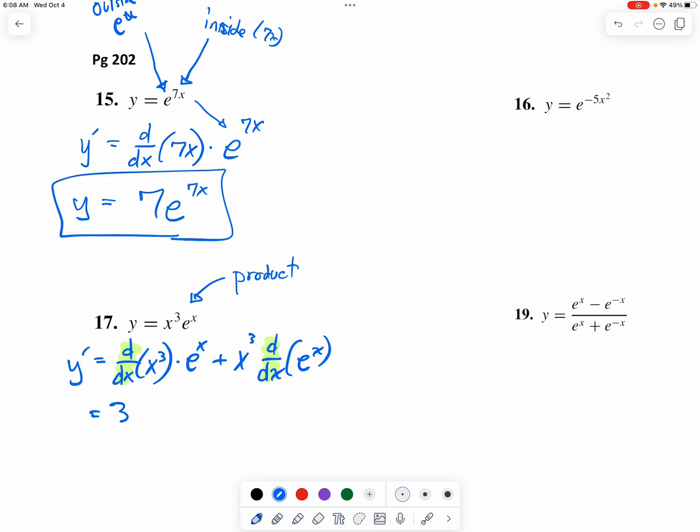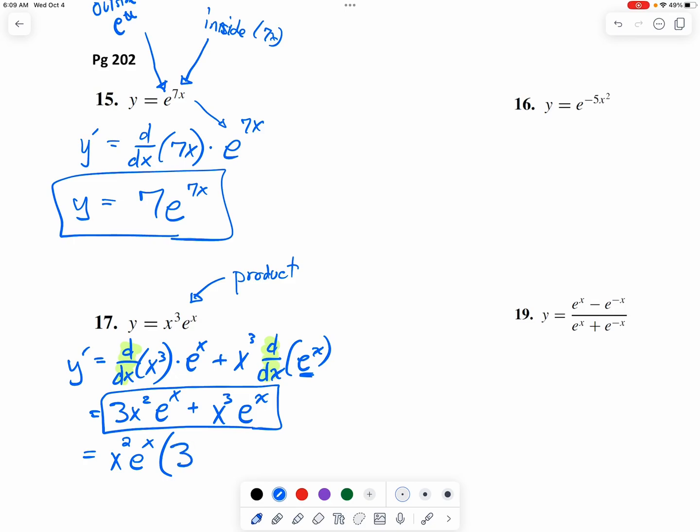Now the derivative of x cubed, that's 3x squared, e to the x, plus x cubed, and the derivative of e to the x is just e to the x. You could clean this up a little bit. It's not necessary, so I'm going to box my answer here, but I could also take out an x squared, and I could also take out an e to the x at the same time and factor that and make that 3 plus x.